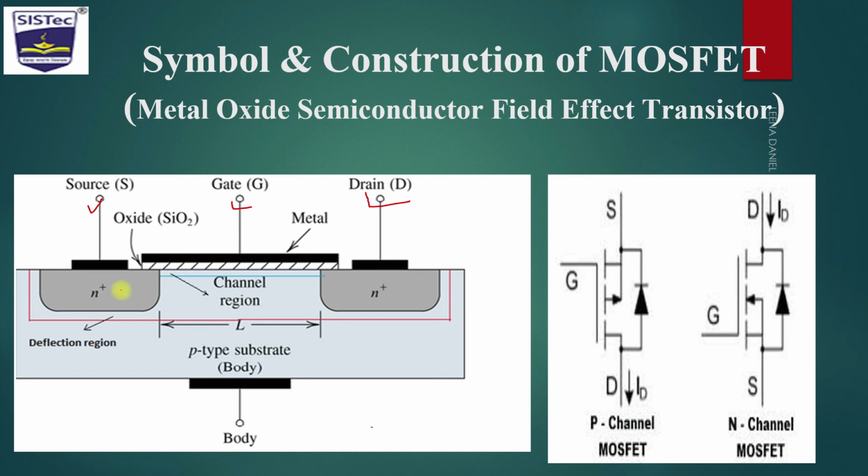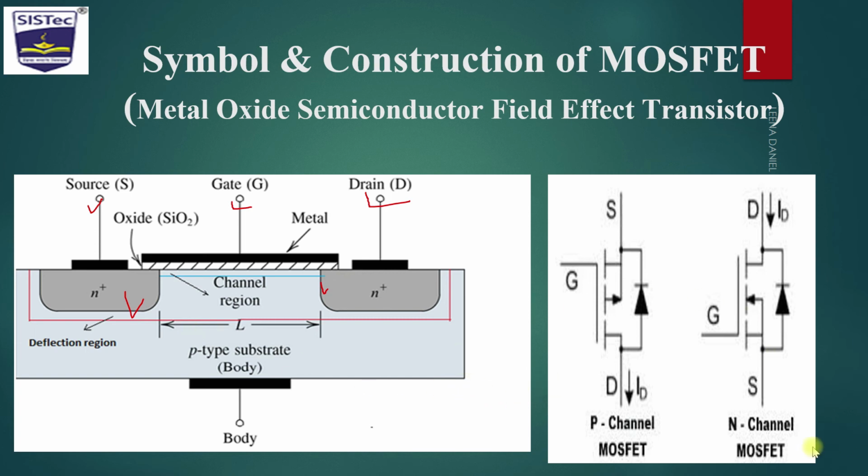Let's see the construction of MOSFET. Here a P-type substrate is used. This P-type substrate makes the body of the MOSFET, and two heavily doped N regions are diffused. This is the one region and this is the other region. These two N-type regions are diffused in this P substrate.